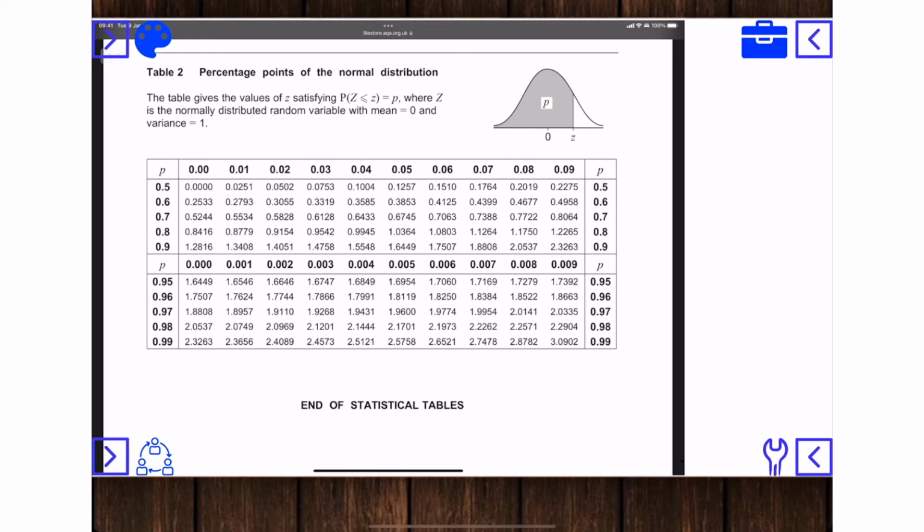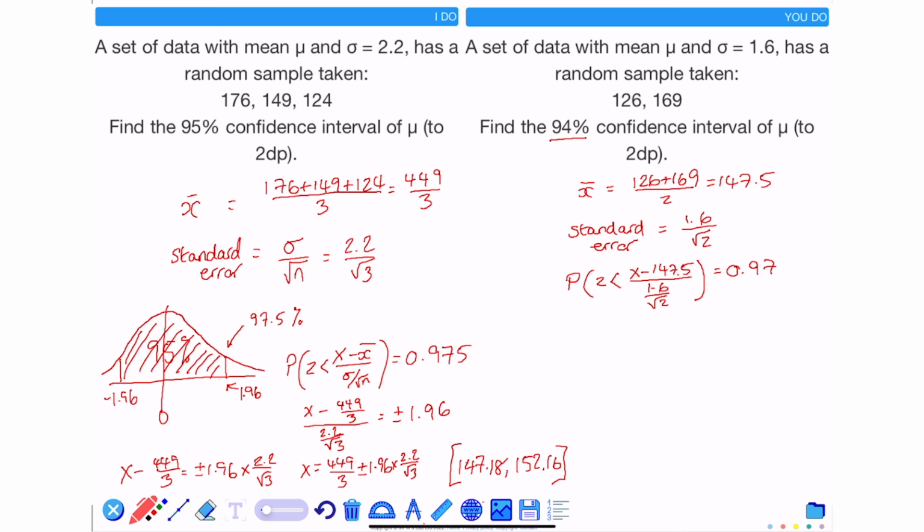Using my inverse table, here is 0.97, here is the 0 in the third decimal place, so reading down and reading across, that means that z will be plus or minus 1.8808. So now we know that x minus 147.5 over 1.6 divided by the square root of 2 will now equal plus or minus 1.8808.